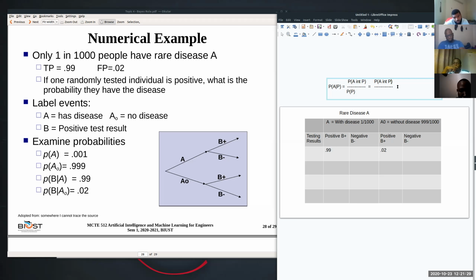So the numerator is the probability of being positive given that it has the disease, times the probability of having the disease.